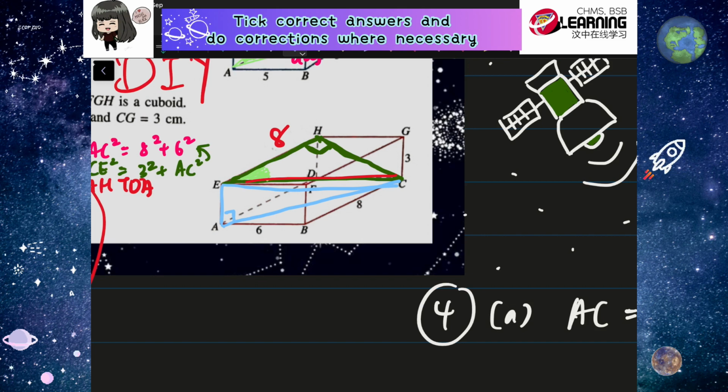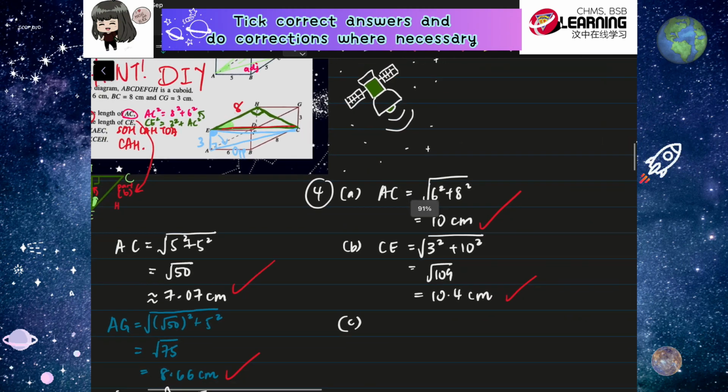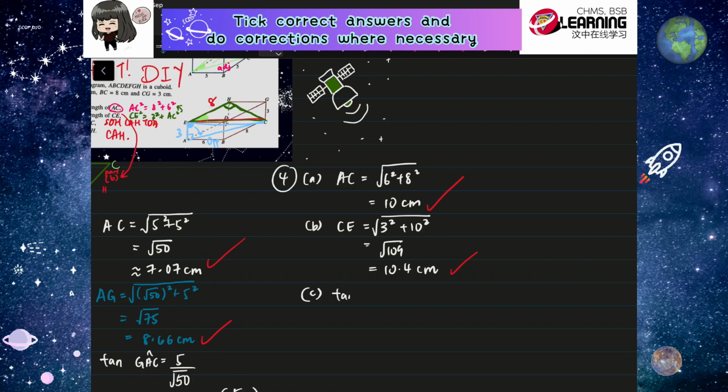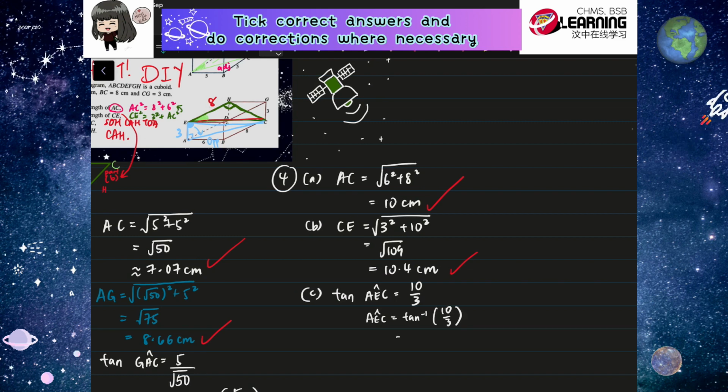So the angle is the one that you need to find. You have opposite, you have adjacent, which is your 3, so you can use tan. So tan AEC equals 10 over 3, which gives 73.3 degrees. Please check again.